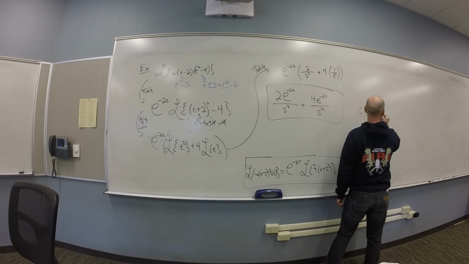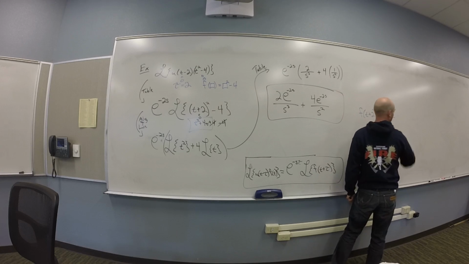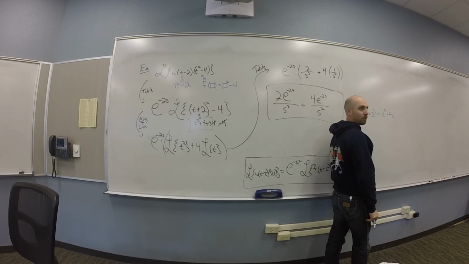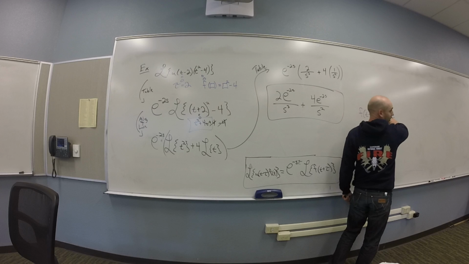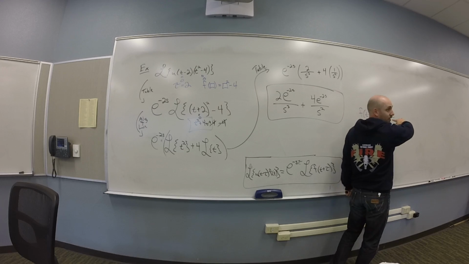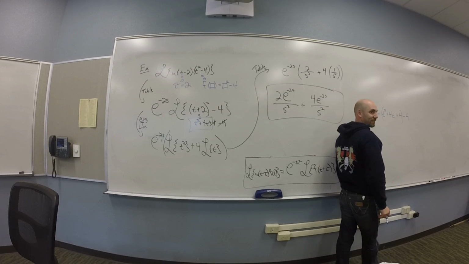And out of that, I got t squared plus 4t. Well, what the heck did I evaluate at t plus 2? Oh, I kind of see a t plus 2. So I complete this square and be like, haha, there's a t plus 2. Sucker, I found you.